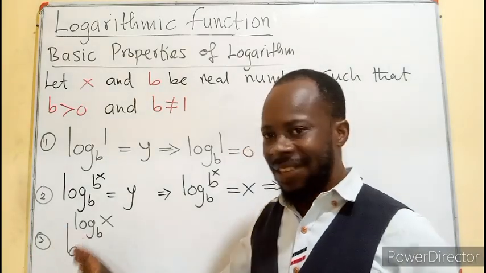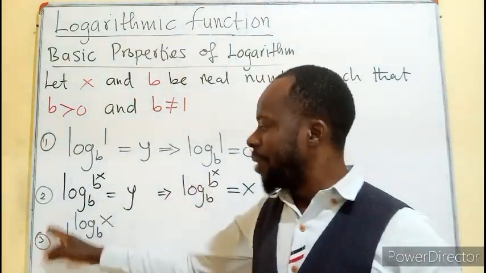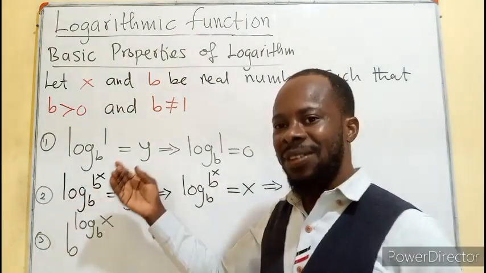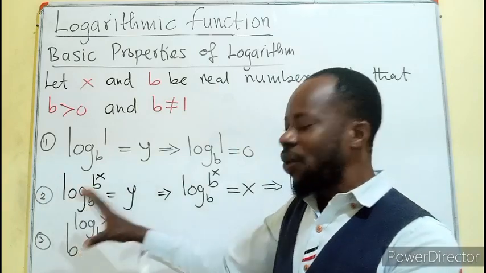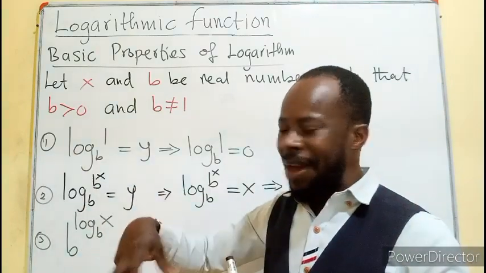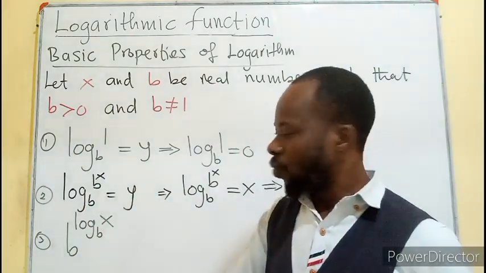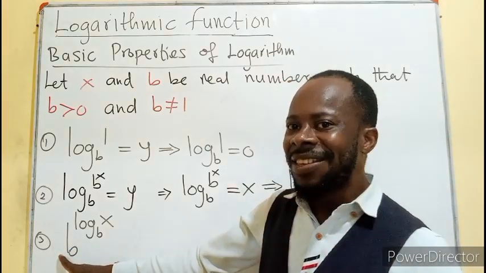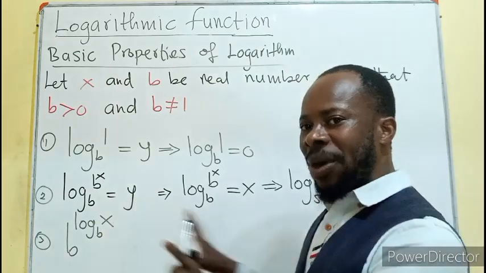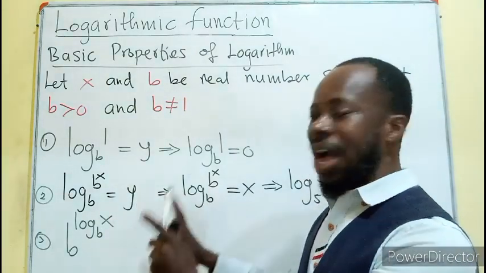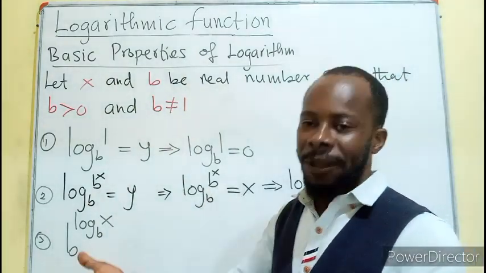So this is the indices: base b, exponent, logarithm function, right? And the logarithm also has x as a number and b as a base. So the moment the base of the indices is the same as the base of the logarithm, the property we are going to talk about here comes into play.